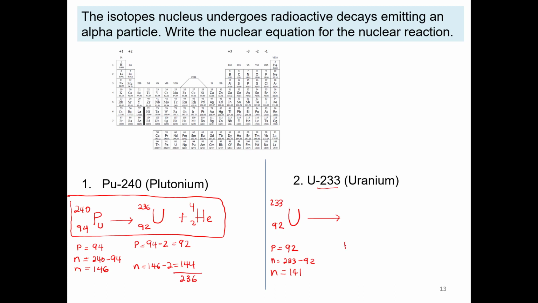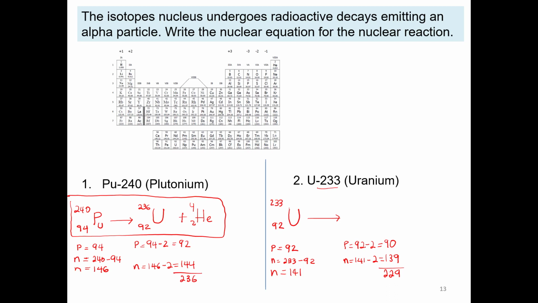The number of protons will be 92 minus 2. Remember, in the case of alpha decay, 2 protons and 2 neutrons are ejected. The number of neutrons will be 141 minus 2, which is 139. If we add the number of protons and neutrons, then we will know the mass number, which corresponds to 229.